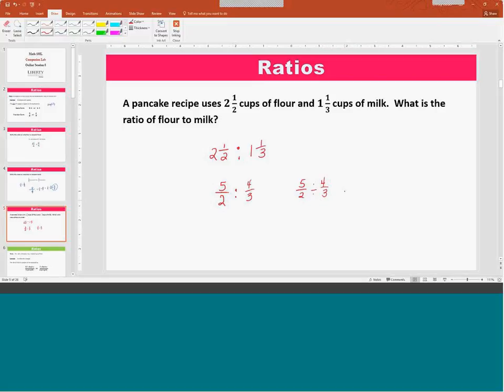And this is the same thing as 5 halves times 3 fourths, which gives 15 eighths. This is a simplified ratio in fraction form of flour to milk, 15 to 8 or 15 eighths. Does that make sense to everybody?